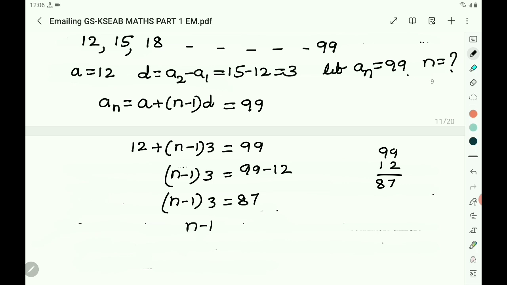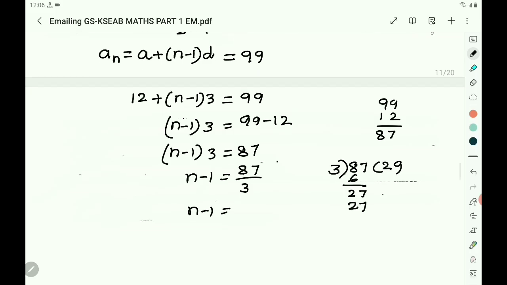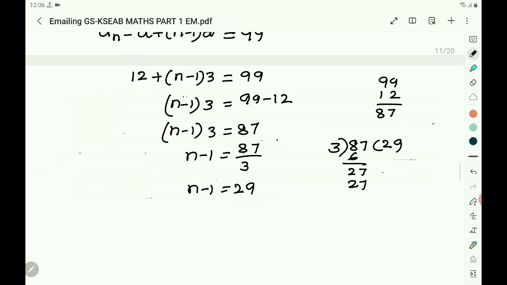Then n minus 1 equals 87 by 3. 87 is divisible by 3 because 8 plus 7 is 15, and 15 is in the table of 3. Then you divide it by 3. 3 2s are 6, 3 9s are 27. n minus 1 equals 29.